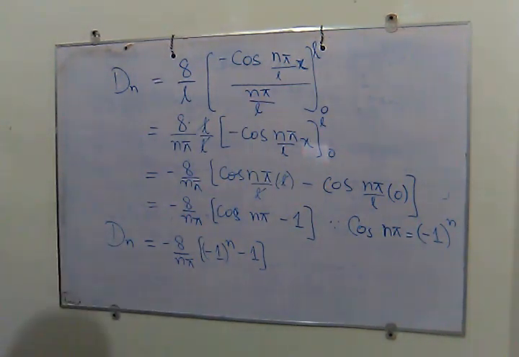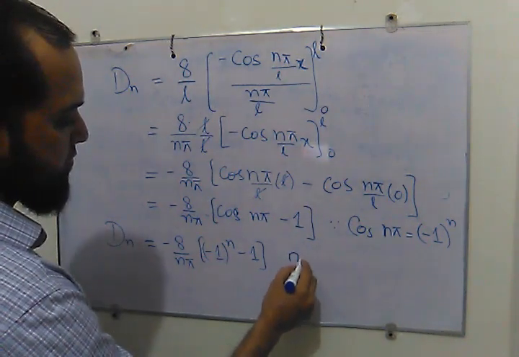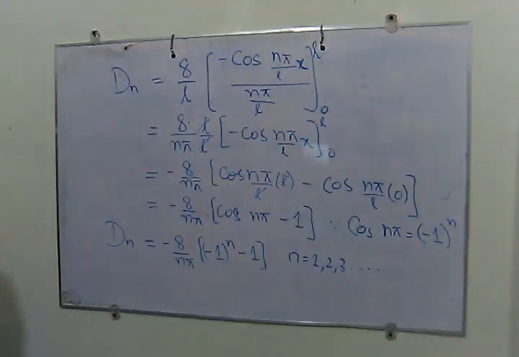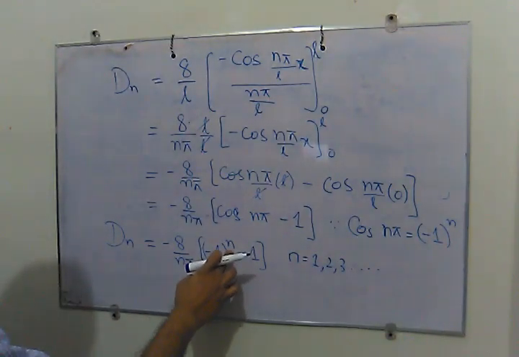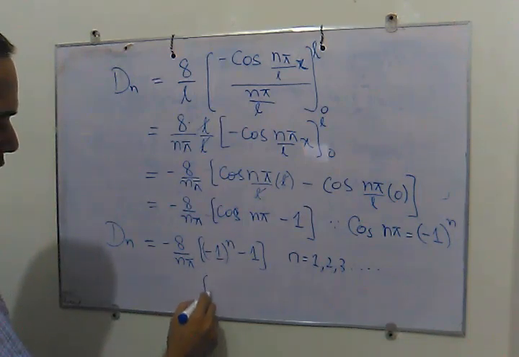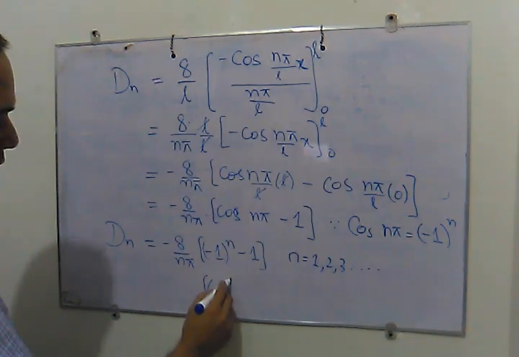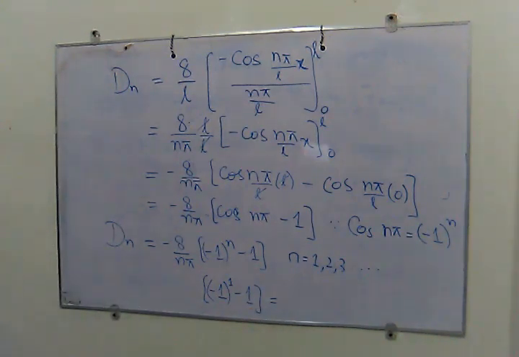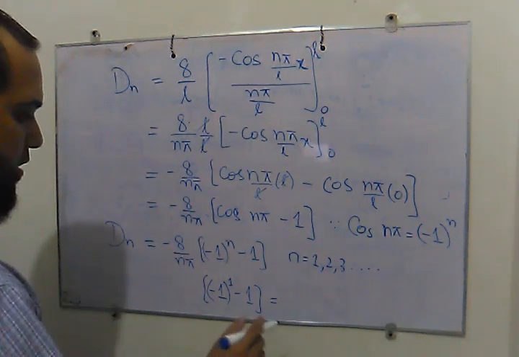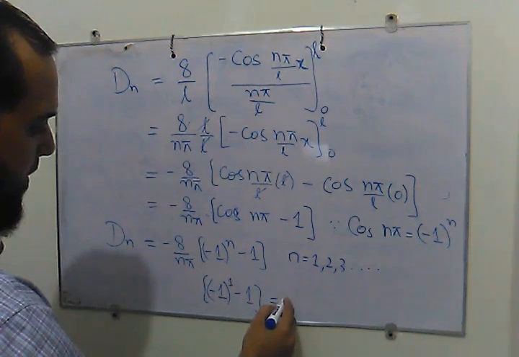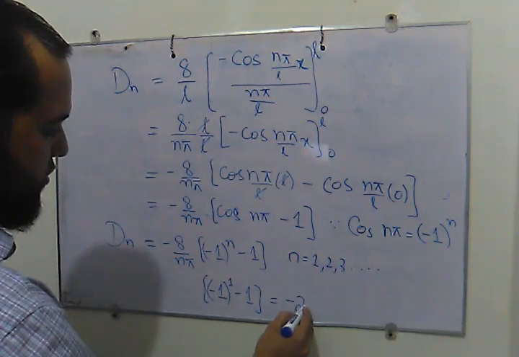Now we see that n has values 1, 2, 3 and so on. So if we put n is equal to 1, what will happen? That minus 1 raised to the power 1 minus 1 is minus 2.